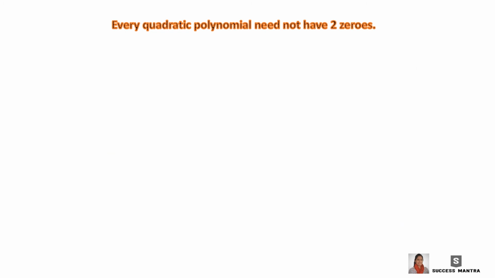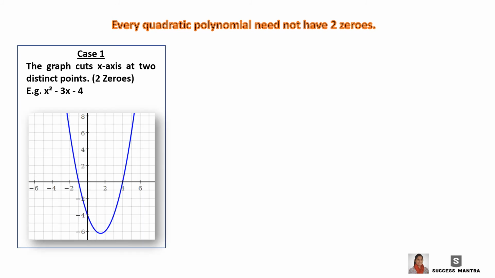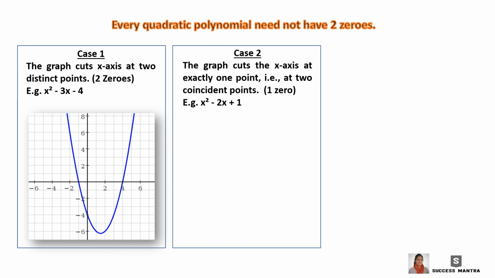One thing we need to keep in mind is that every quadratic polynomial need not have two zeros. So we will check the first case. Here in this case, the graph cuts the x-axis at 2 points. So this polynomial has two zeros. Moreover, the parabola opens upward because the value of a is positive. Now check case 2.